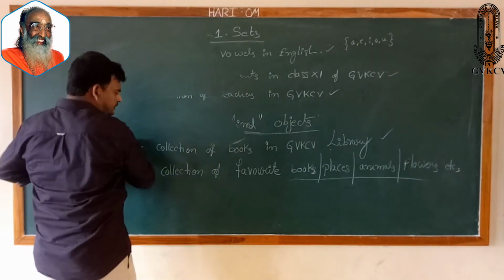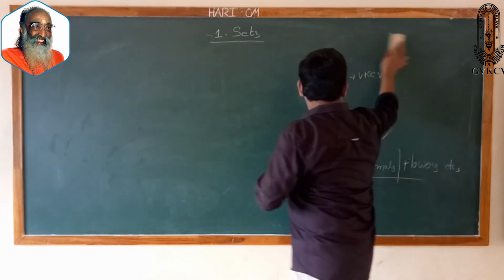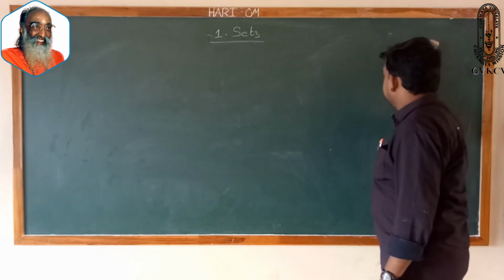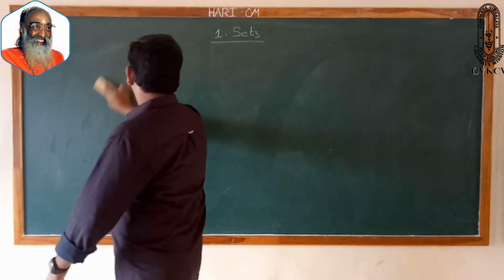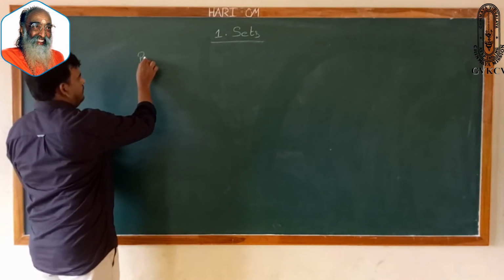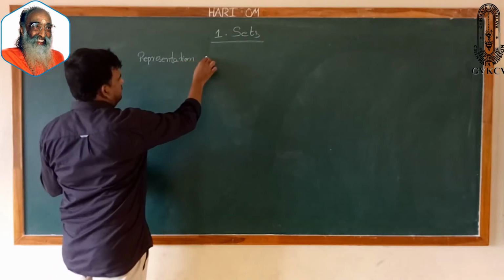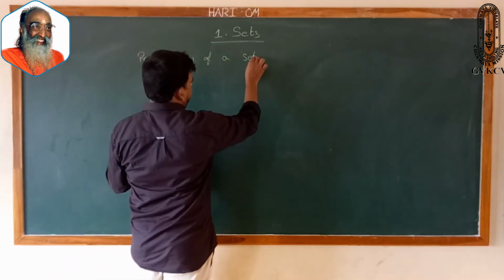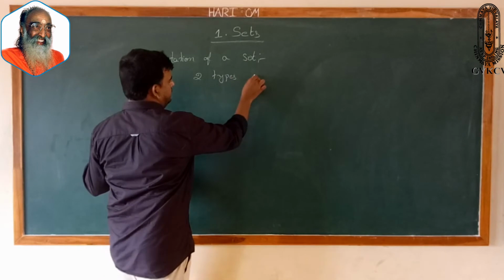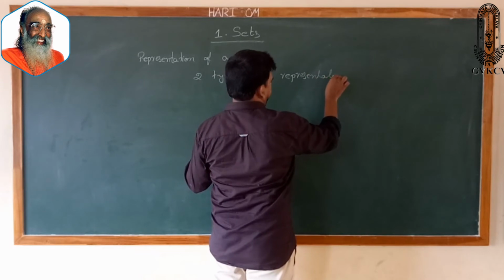Now, a set can be represented in 2 different ways. We can represent sets in 2 different ways. What are they? We have two types of representation.